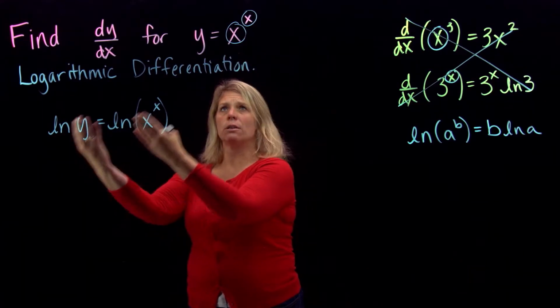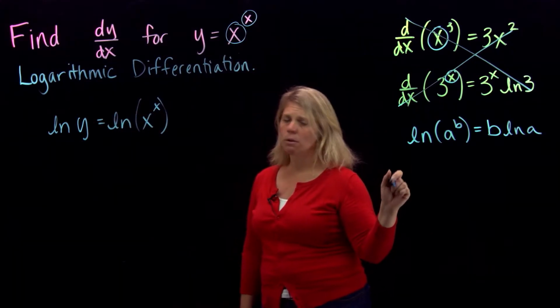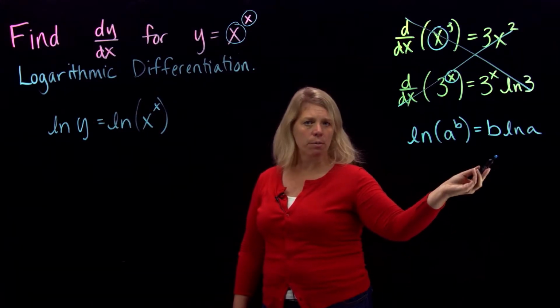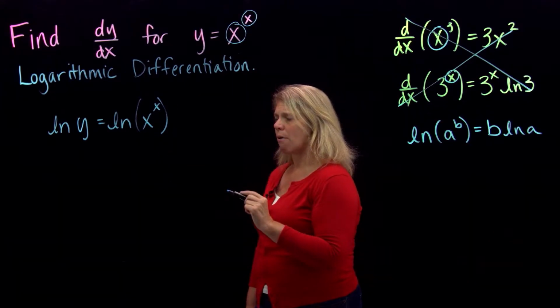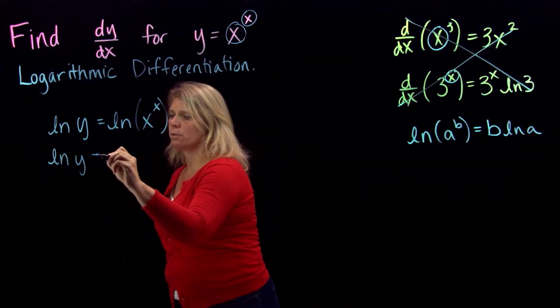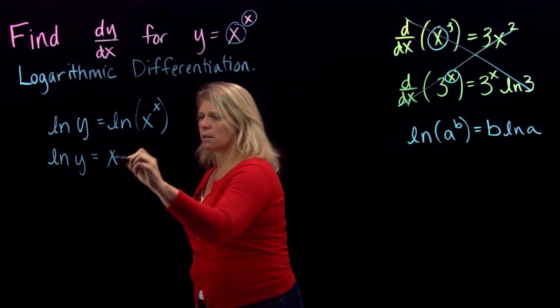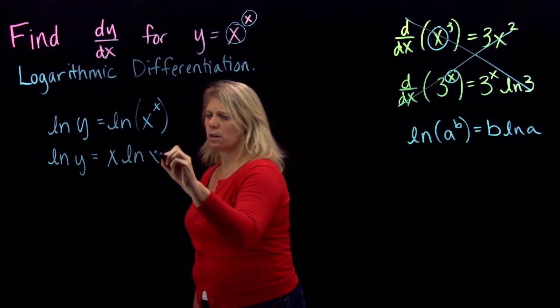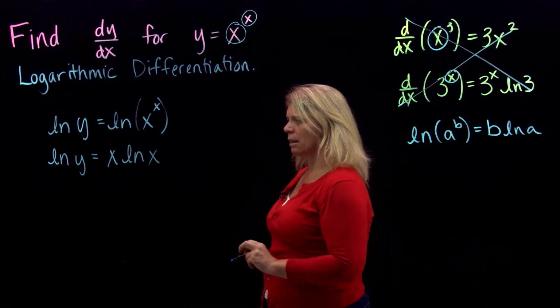Then I can use this property of logarithms on the side that had x to the x power, so that I no longer have a variable to a variable power. And then I have ln of y equals x times ln of x.